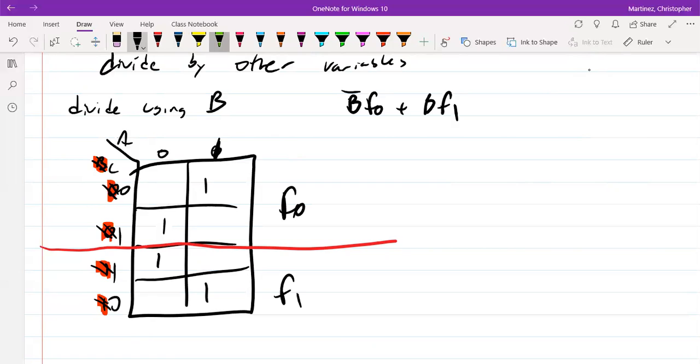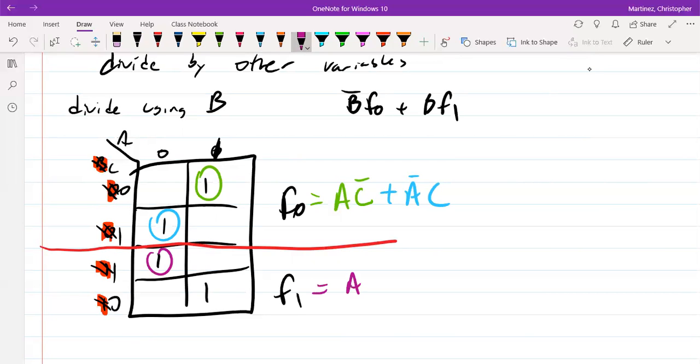Let's solve. Well, I have nothing that's a group that I can pair up. So what is this green term? Well, it's in the A1 column, so it's A. And then it's on the row. The row doesn't have B anymore. It just has C. So it's A, C bar. Then I do the next term. That's A bar with C. We go down, and then we get A bar with C. So here it's a 1.